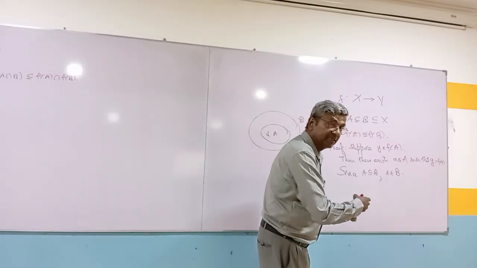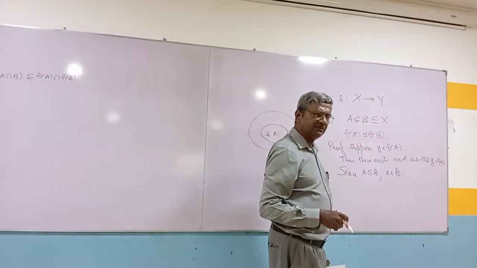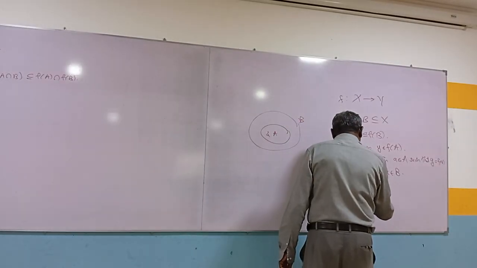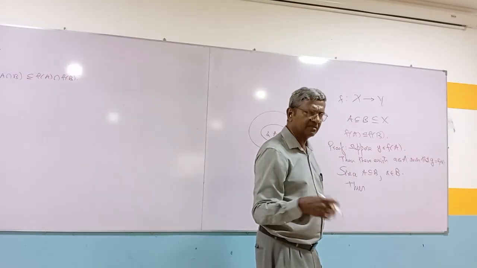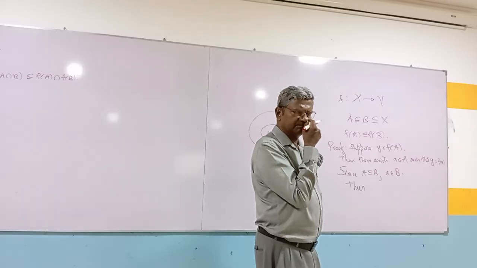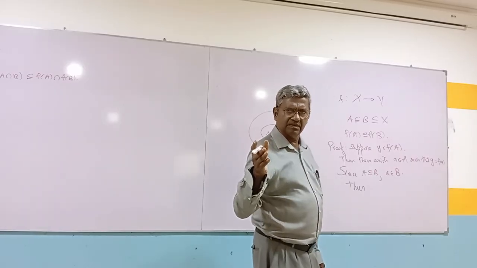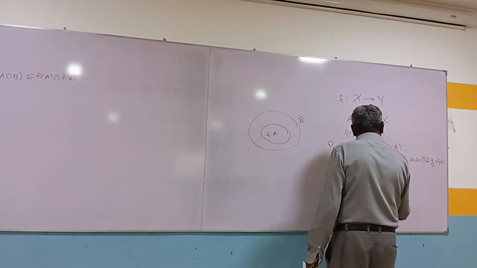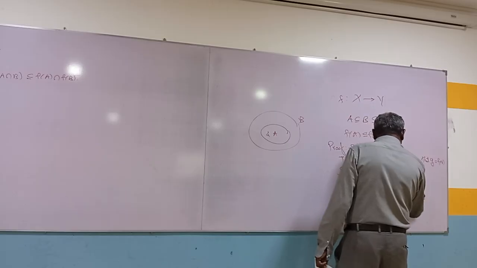What is the next step? If a belongs to B, then f of small a belongs to f of capital B.